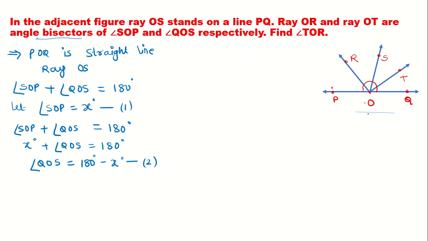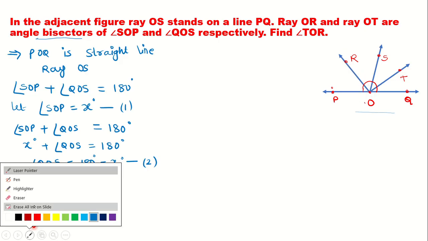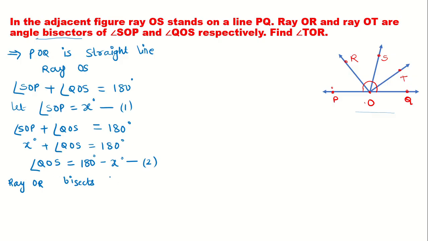Now let's see the bisectors, that are OR and OT. Ray OR bisects which angle? See, this is ray OR. So this ray OR bisects this angle SOP. This SOP is an individual angle, and in this individual angle ray OR bisects. So ray OR bisects angle SOP.